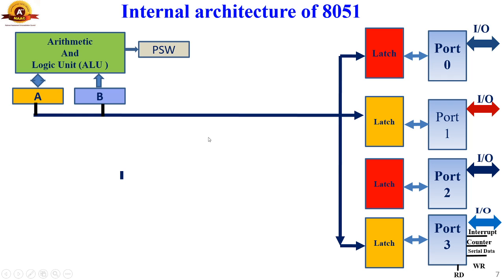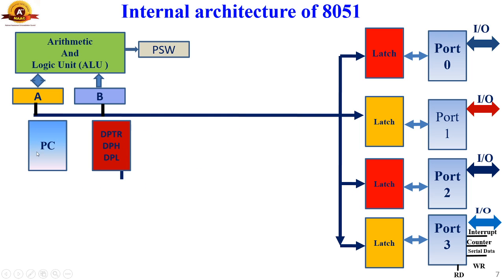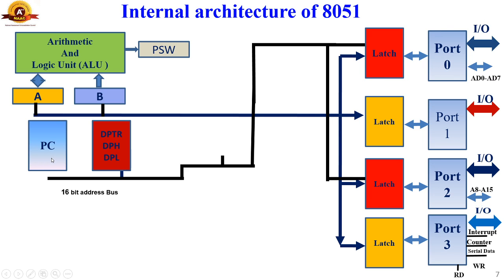This port is attached to the CPU, the arithmetic logic unit, using this internal bus. There are two registers: the program counter register, which always points to the address of the next instruction when the microcontroller is executing the program, and the data pointer register, DPTR, lower byte and higher byte. So a 16-bit address is generated by using the PC.